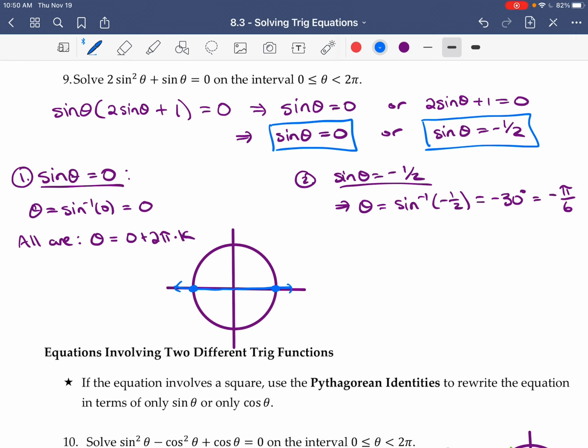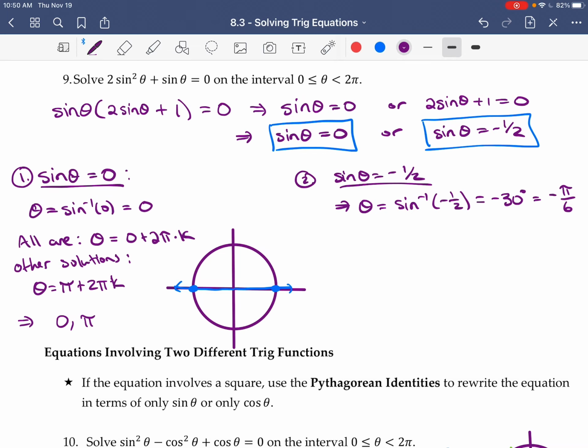So both of these points are where sine is 0. Okay, so the other solutions are theta equals pi, so all things that are coterminal with pi. Okay, so in the interval from 0 to 2 pi, over here we have 0 and pi.